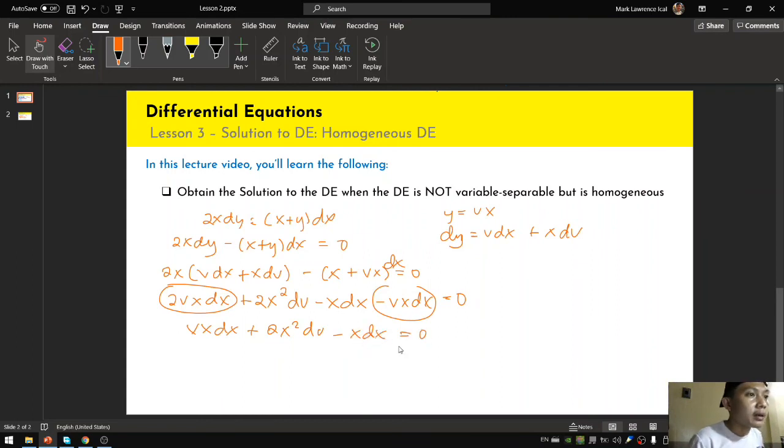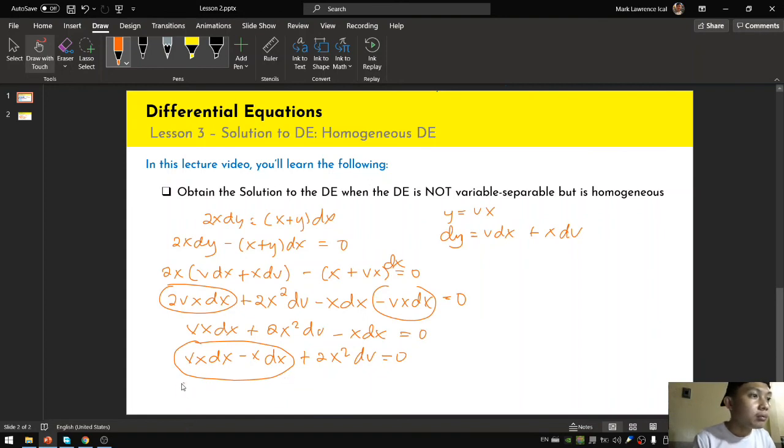Now, can we separate this? Okay, arrange ko lang. So we're going to arrange this in a way that we can separate it. So vx dx minus x dx plus 2x squared dv is equals to 0. Now, looking at this, can we separate this one? Well, there is a common yung x dx.